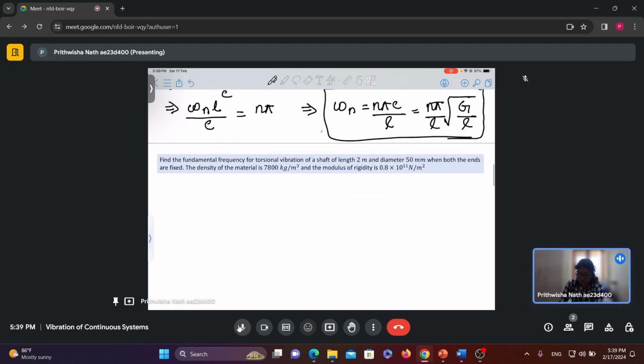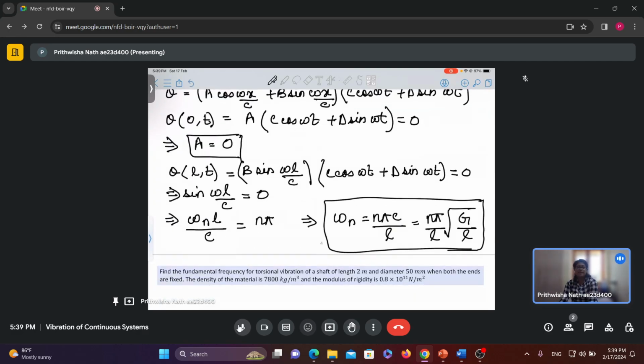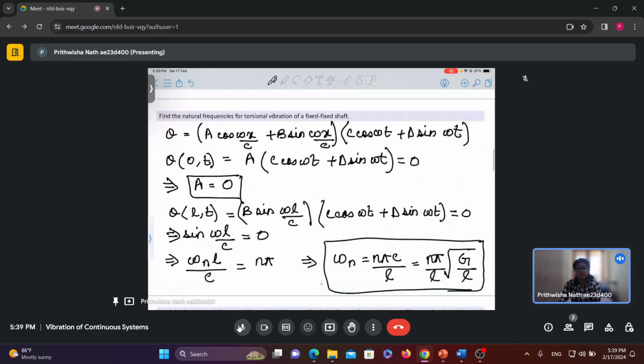So in the previous question we derived the condition for the frequency for a fixed shaft, for both ends fixed shaft. So we can use this equation. So what are given?